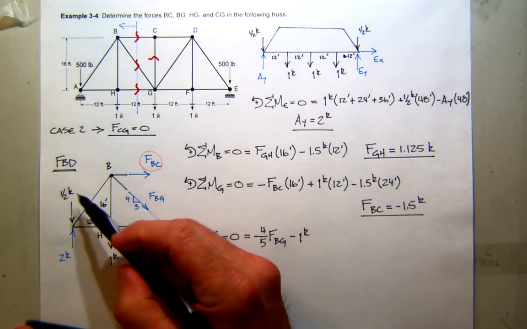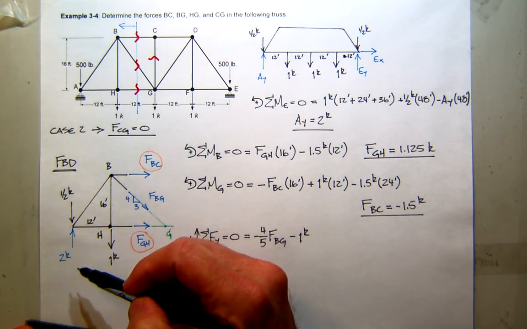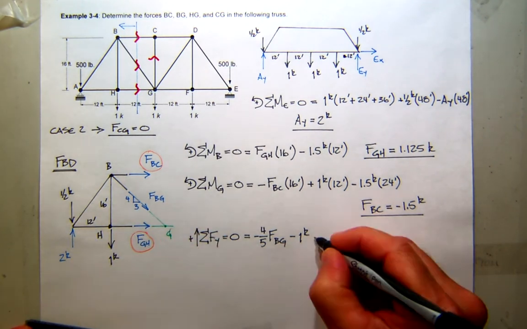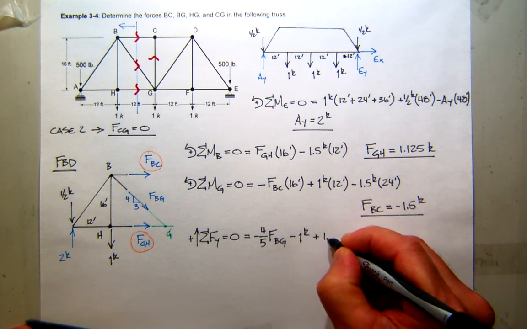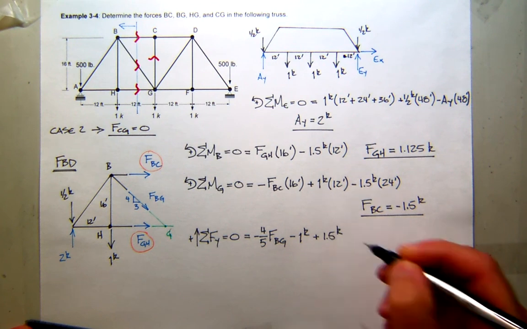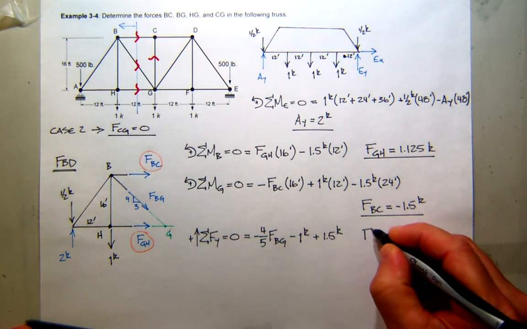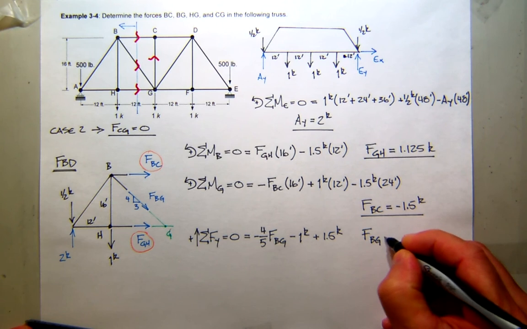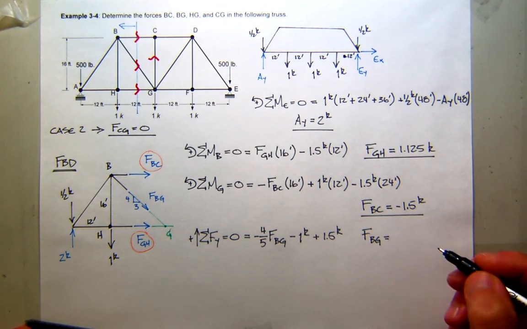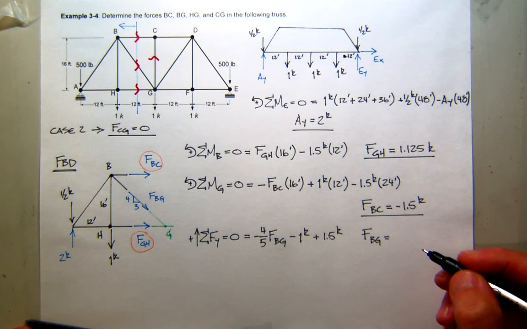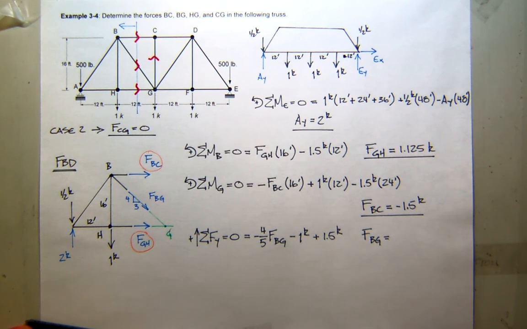And then there's my composite force here, which is going to be 1.5 up. So it looks like the force in BG is going to be positive. I don't know what it's going to be. Small, 0.625. Is that right?